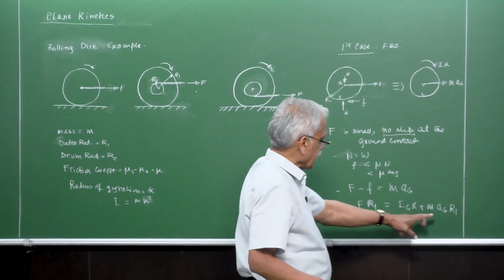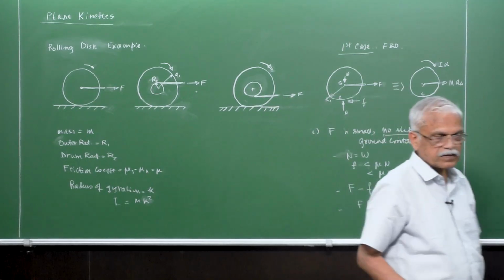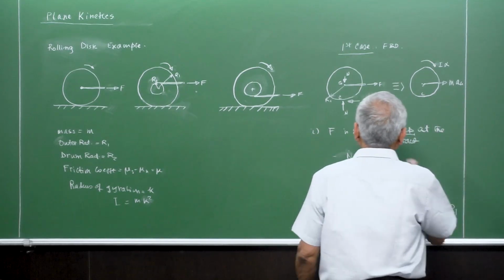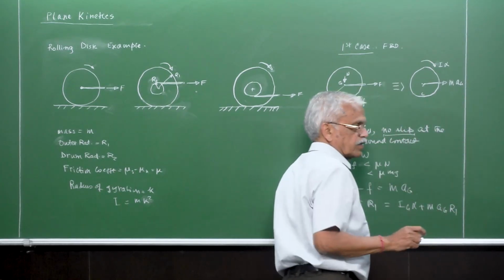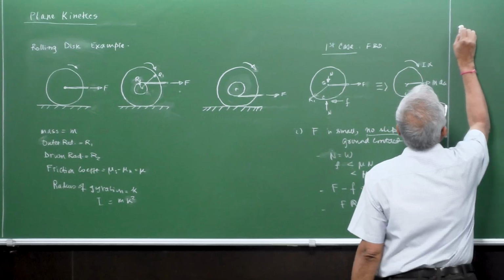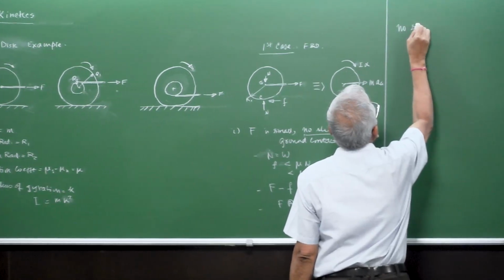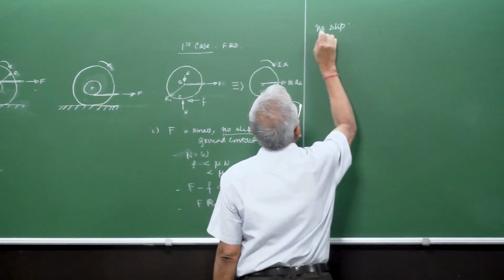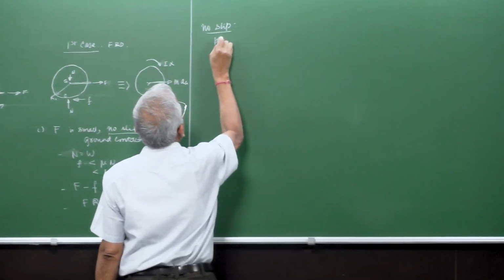To solve these equations, one simple thing is that we will substitute I_g as m k square, and another very important fact here is that no slip makes us use, no slip means it's a pure rolling.